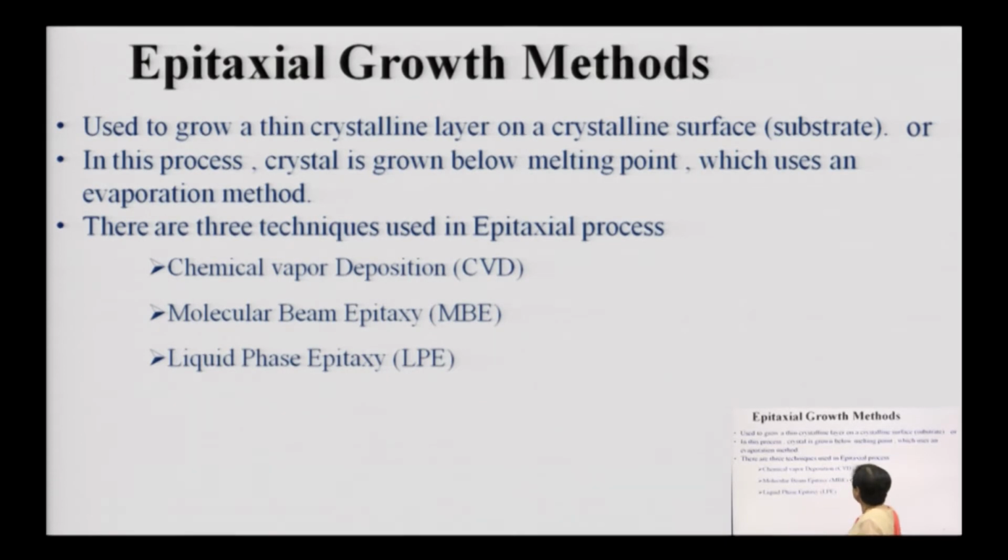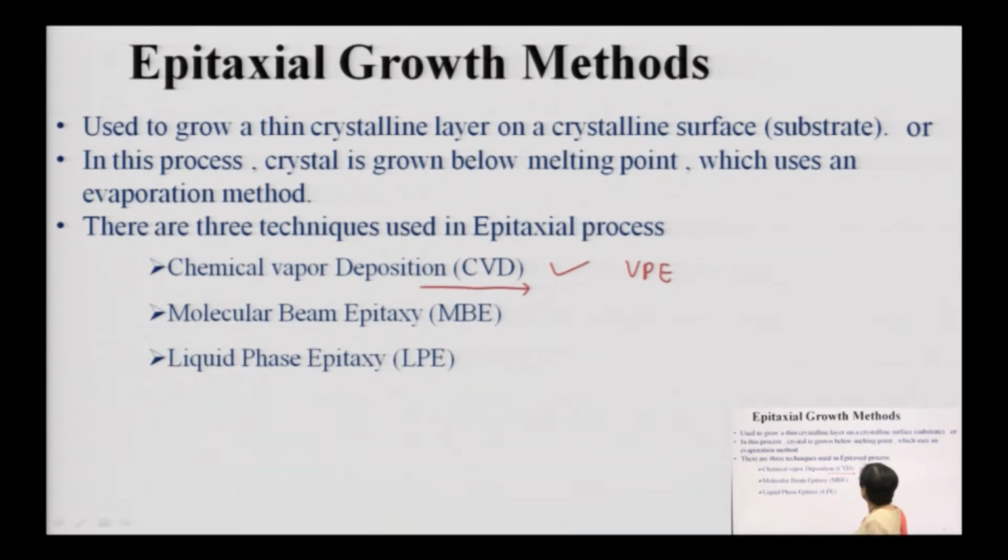Once these 3 things are taken into account, there are 3 basic systems through which epitaxial growth is carried out. One is chemical vapor deposition, of which VPE is a subset. Chemical vapor deposition is, as the terminology suggests, a broad term used for all film deposition processes.